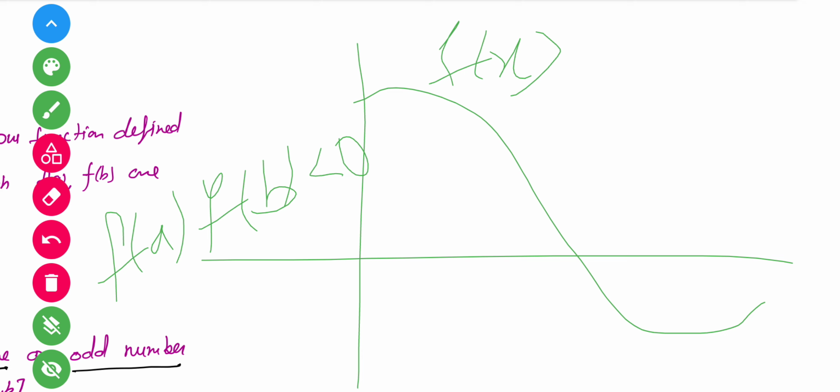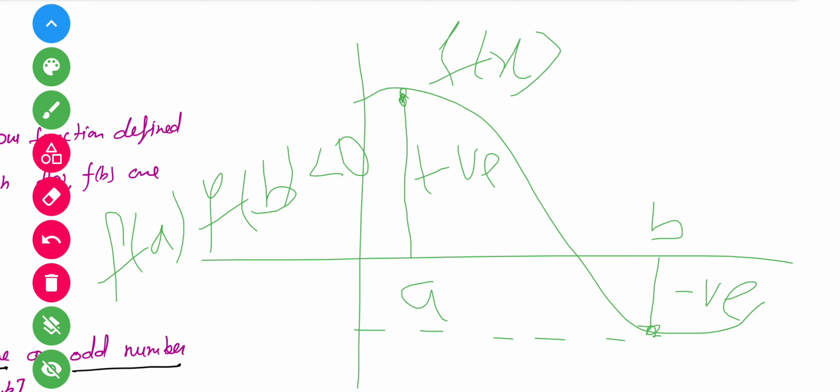Okay, so let's say that this is point a and this is point b. These are 2 points, and you can see that at point A the functional value is positive, right? And here you can see the functional value is negative.